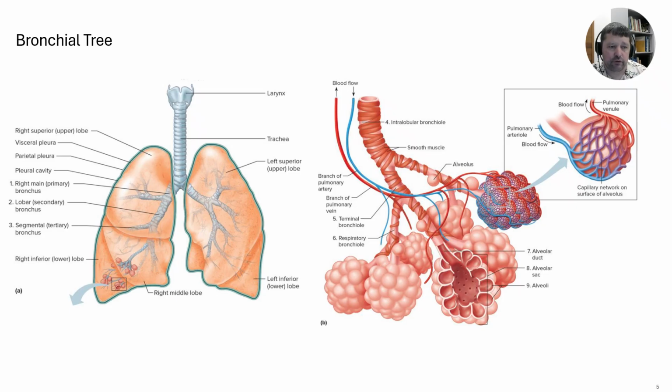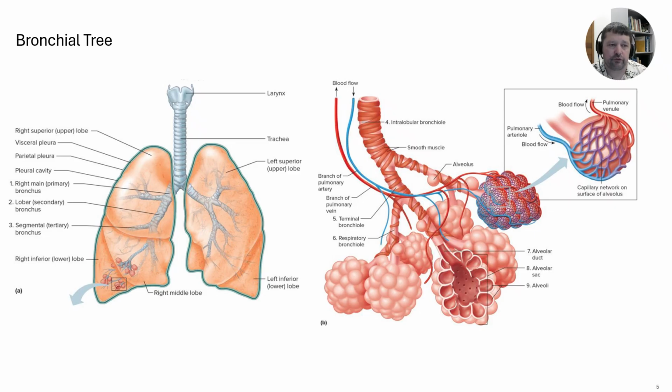You have these bronchial trees that kind of terminate with alveolar buds or alveolar sacs, and then the alveoli is the individual sac-like structure where gas exchange occurs.